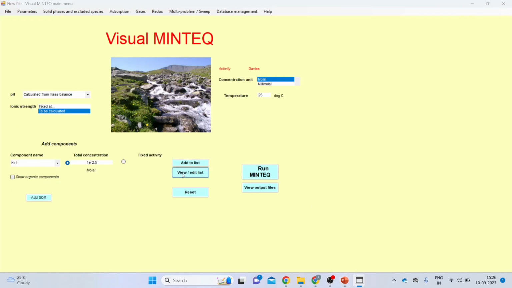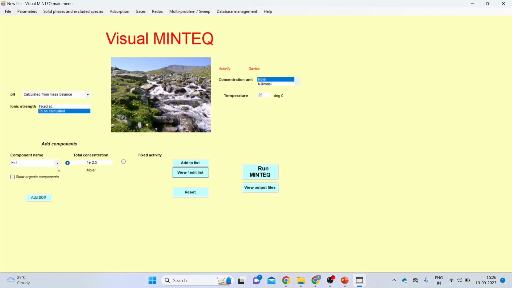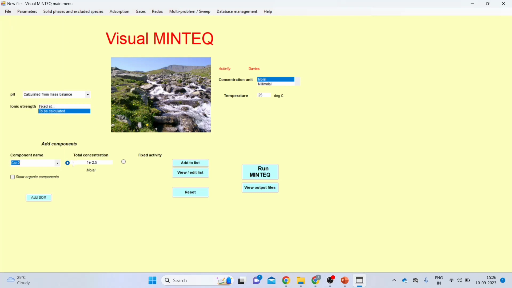Let's see the species which we have already added. These are the species added. Let's go back and add an additional component, that is calcium. Calcium is present as 2 into 10 raised to the power minus 3. We will add the calcium and its concentration.